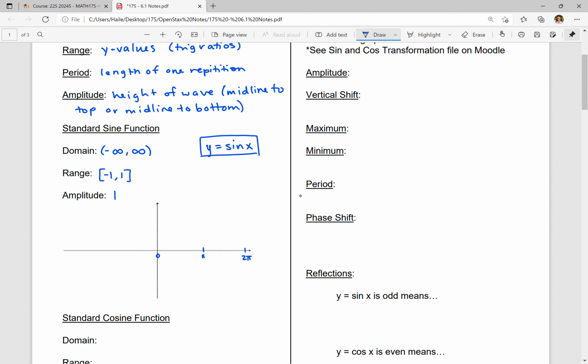We draw one in the middle and label it pi, then one in the middle of 0 and pi, which is pi over 2, and one in the middle of pi and 2 pi, which is 3 pi over 2. Anytime you draw a sine curve, you will have 5 tick marks if we include 0. You're going to have these 5 basic tick marks. It's just that when we transform the sine function, they might take on different names.